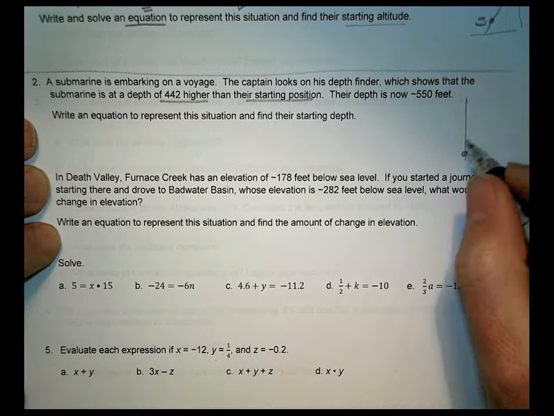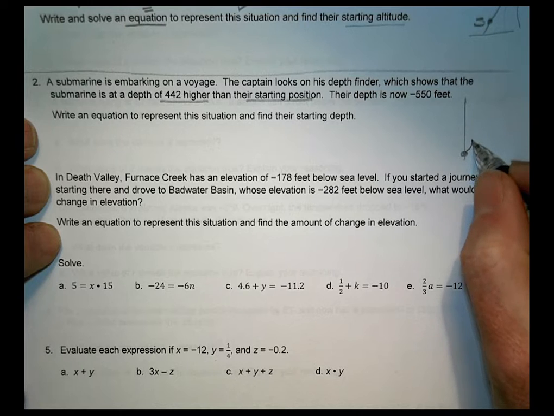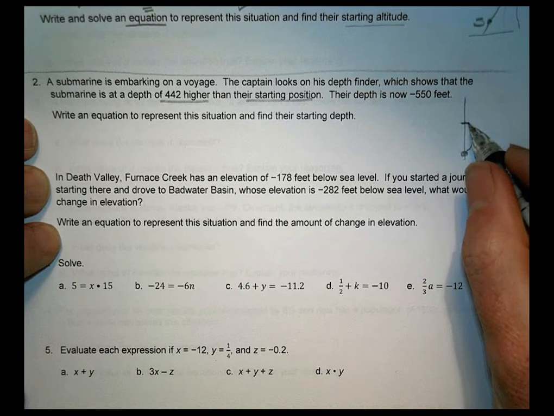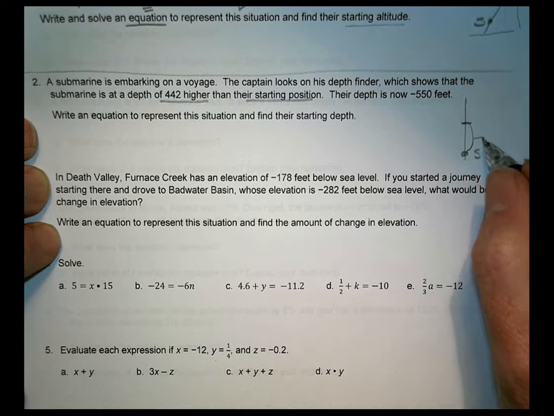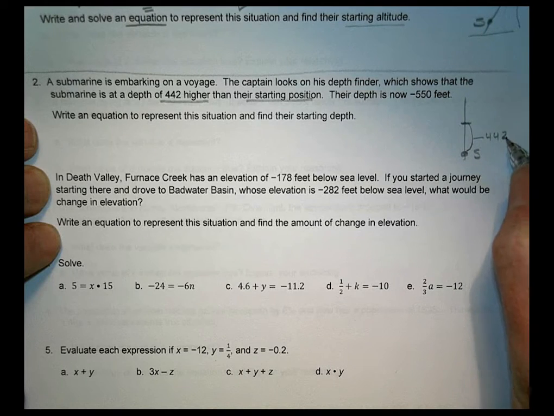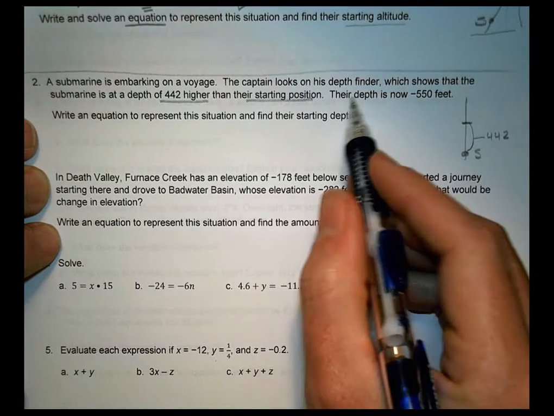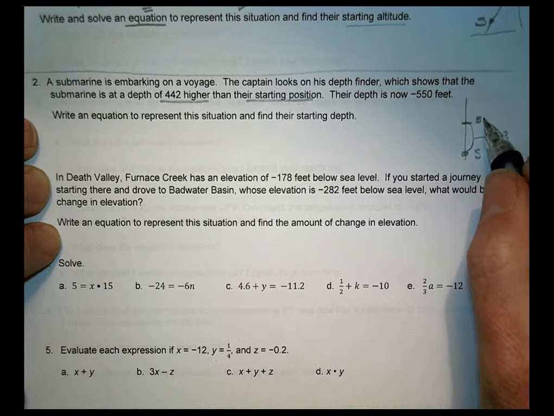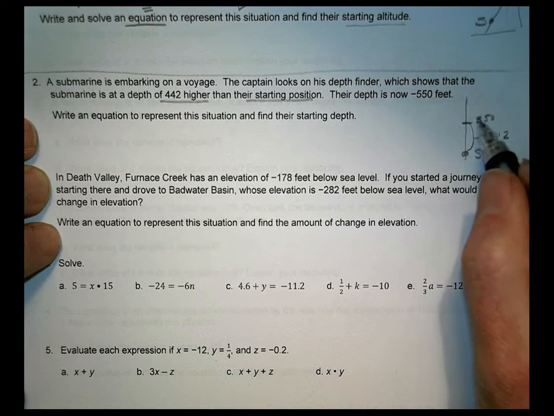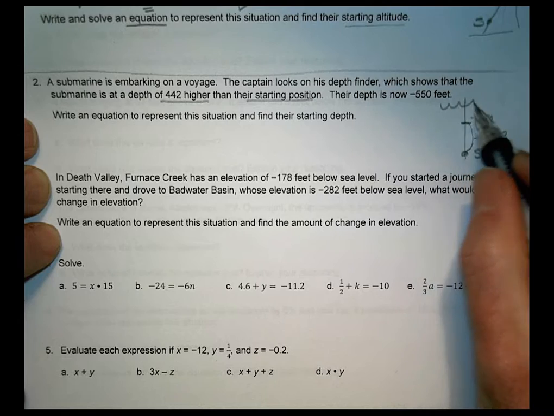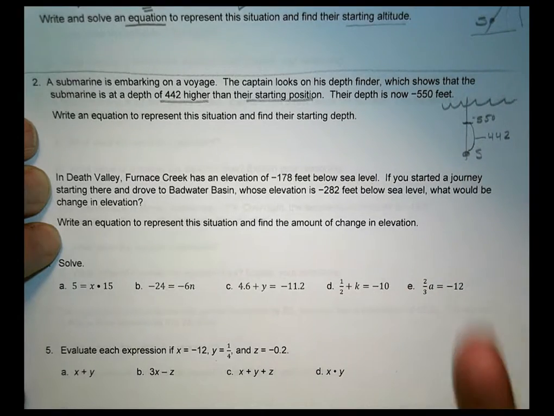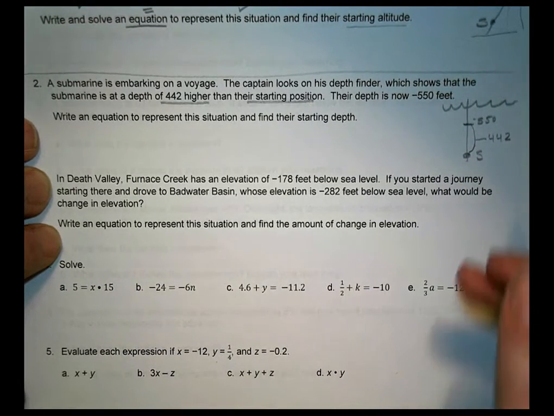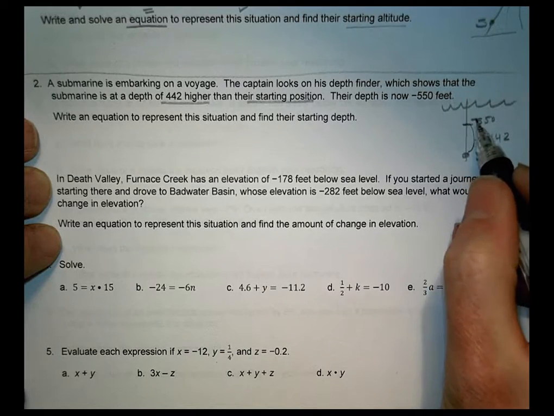So wherever they started from here to, let's just say here, this distance is 442. Their depth is now negative 550. So right here we're at 550. And again, I could write negative, but we're dealing with under the water, so it really doesn't matter too much what that number is, positive or negative. I just know it's under the water.